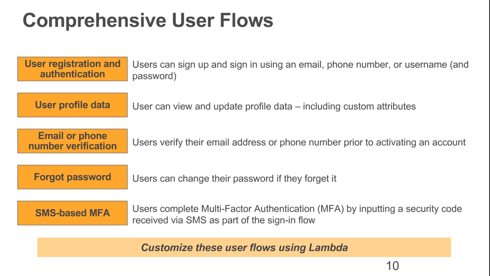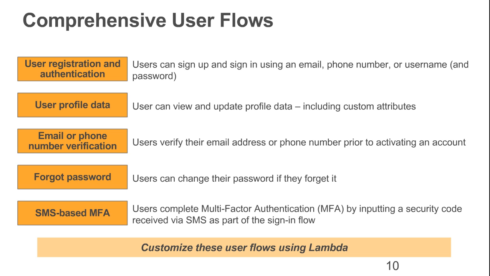We also support what we're seeing more commonly these days, where users sign up and sign in with email addresses or even phone numbers instead of a username. These are users in your directory, so they have a profile and profile data. And you can also let users update that information themselves if they need to update a phone number or email address, for example, or any other custom attribute that you want to create for them.